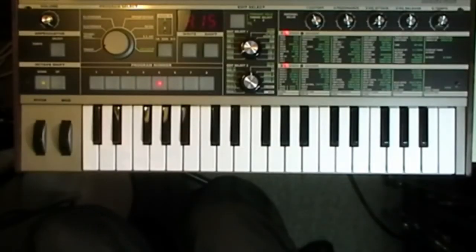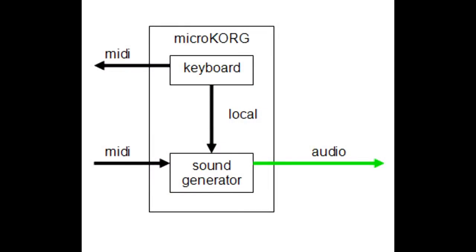So enough of the theory. Let's try some force to scale and force to chord examples on this microKORG keyboard. Now the box contains both a MIDI source and a destination, so I need to turn off its local control so the sound generator is only driven by the incoming MIDI.